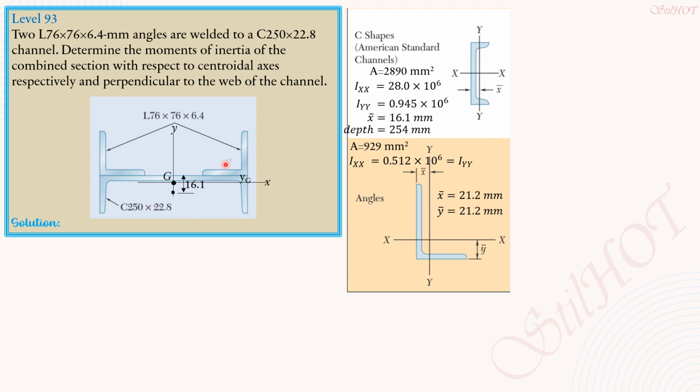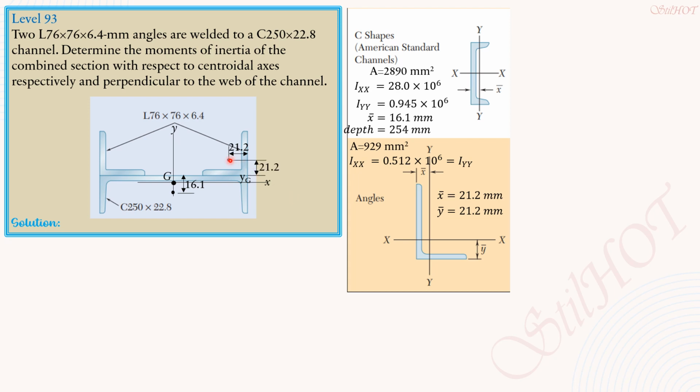And for the angles' centroid, since the legs are equal, the distance from this edge and from the bottom edge of the angles is also equal to barred X, which is equal to barred Y, 21.2 as shown in the figure.